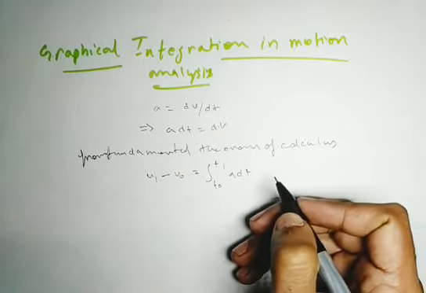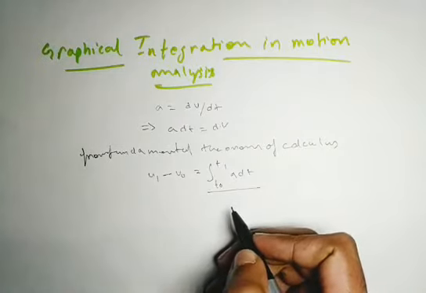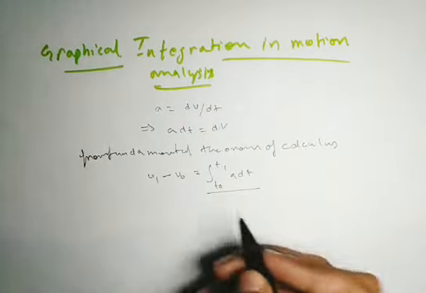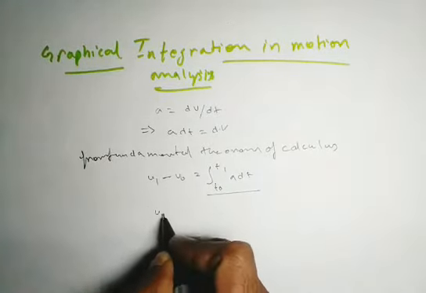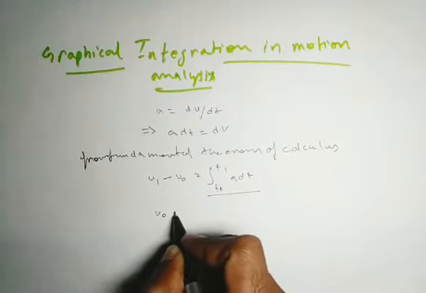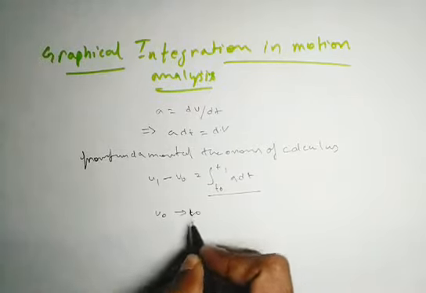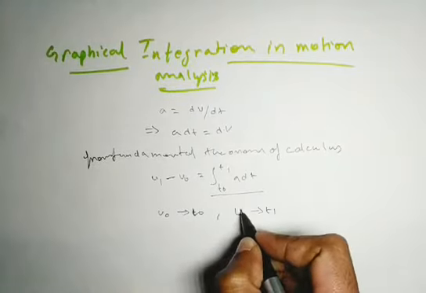The right side of the equation is a definite integral, and from this equation we can understand that v0 corresponds to t0 and also v1 corresponds to t1.